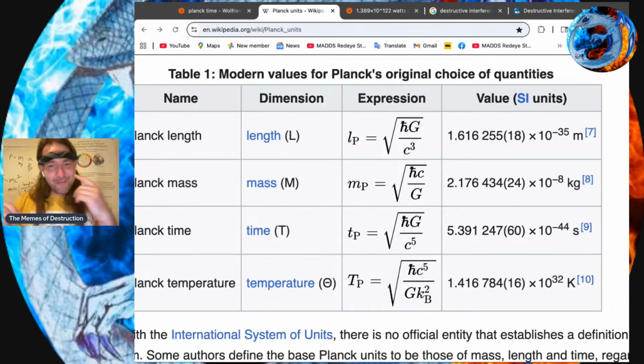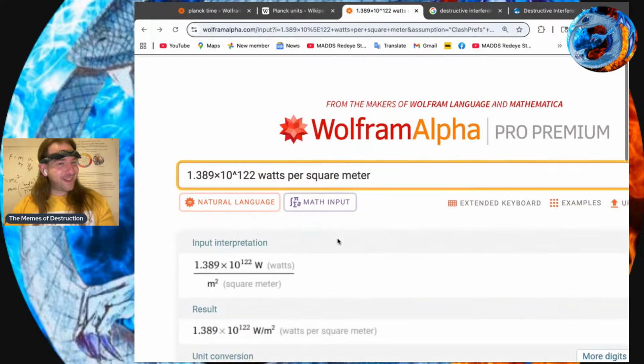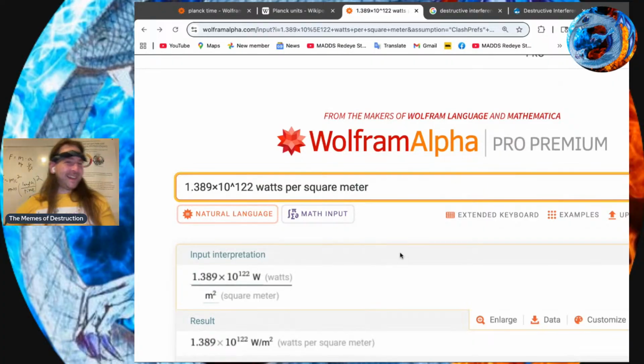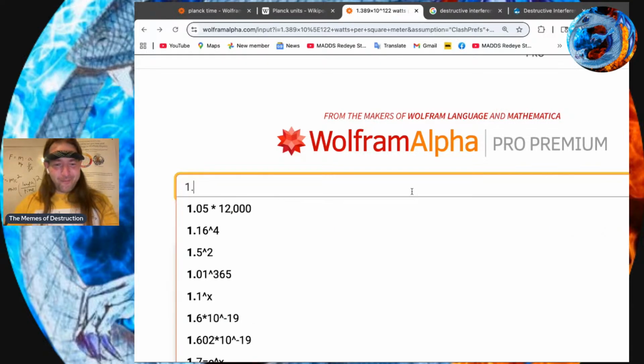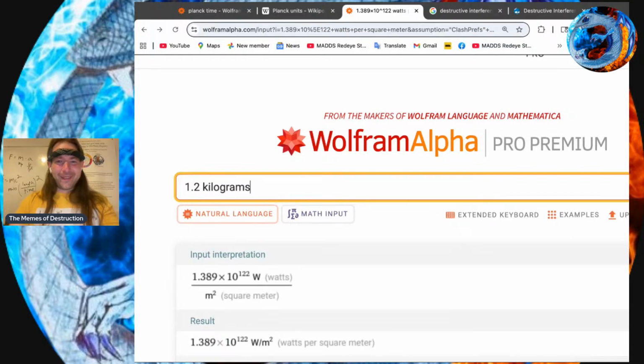I kind of want to create a universe, a game, where rather than needing a particle accelerator, you could just do something like the Tony Stark thing. But I'm biased, so I'd probably have a Wolfram Alpha GUI. Take this rock, it's like 1.2 kilograms. What can I do with 1.2 kilograms?